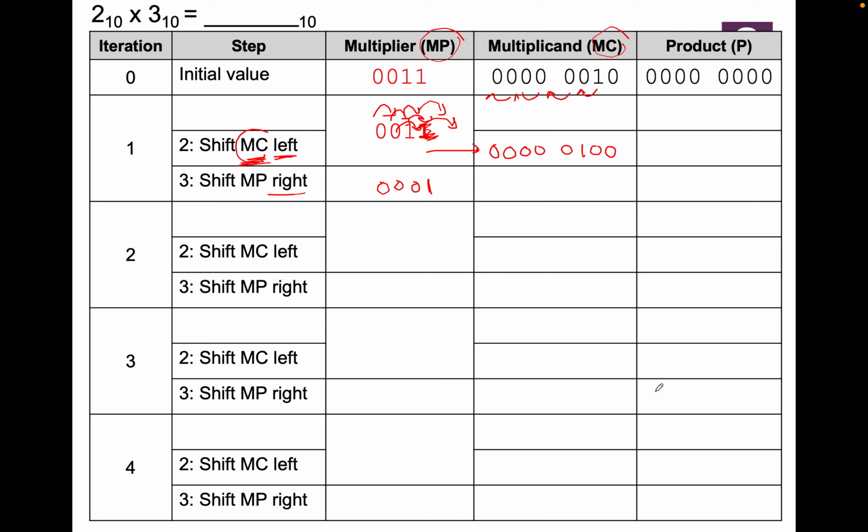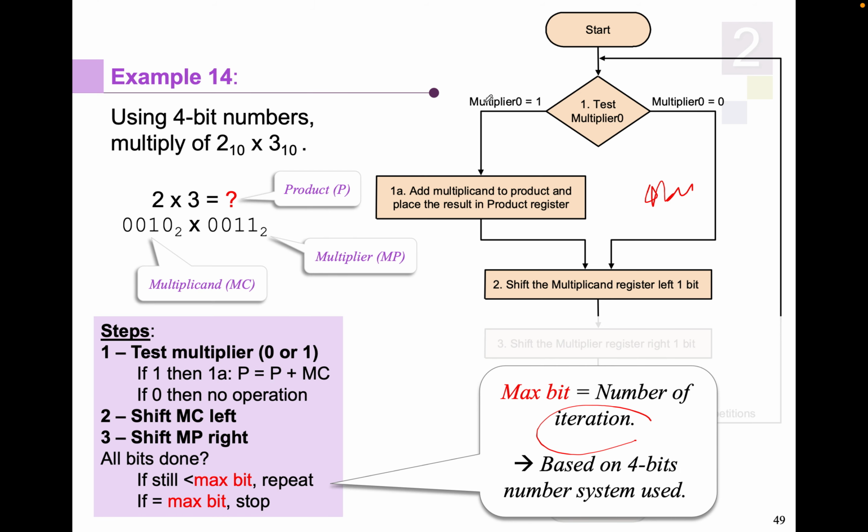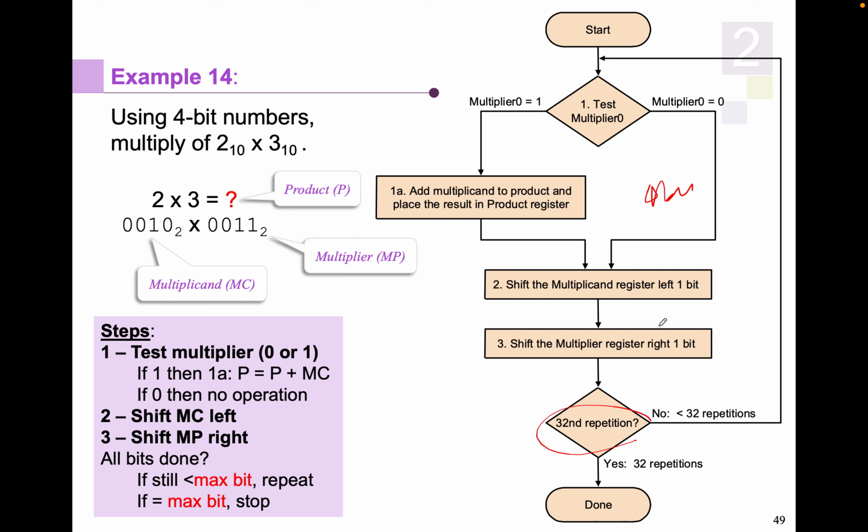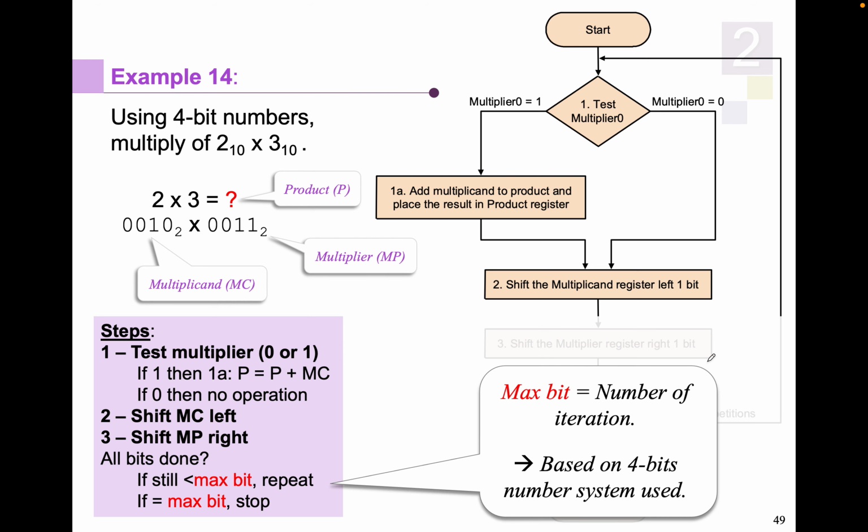Okay, let's take a look. You can see, has it already repeated 4 times or not? Not yet. So what we need to do, we're going to go up here again, because it is not 4 bits. If let's say 16 bit, 8 bits, it depends on your questions.